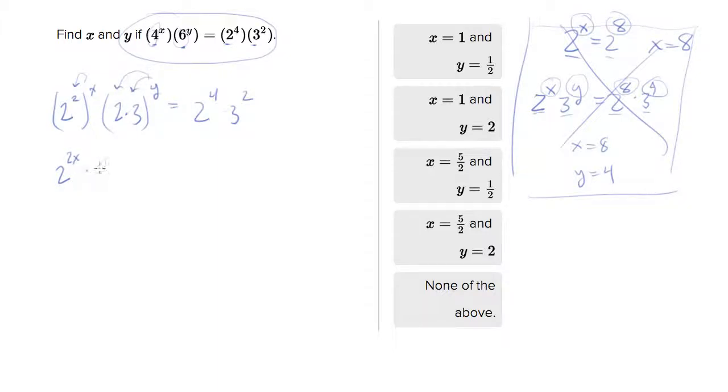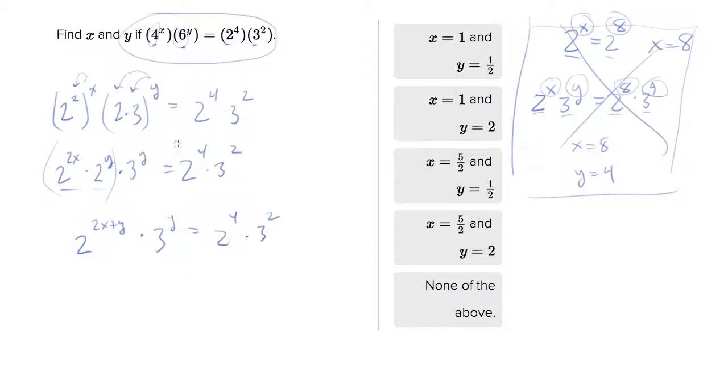So this is times 2 to the y times 3 to the y equals 2 to the 4th times 3 squared. Also, if you have common base and you have multiplication, as we do here, you can add the exponent. So this will be the same as 2 to the 2x plus y times 3 to the y equals 2 to the 4th times 3 squared.